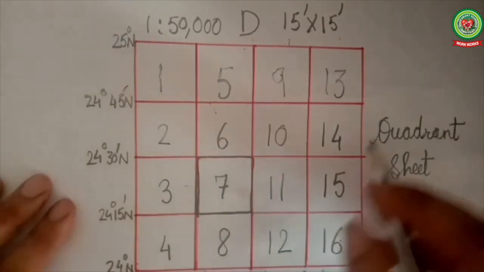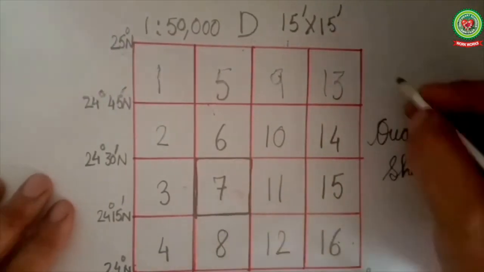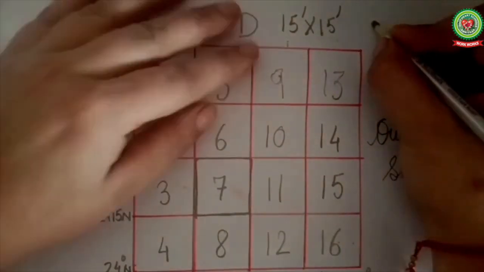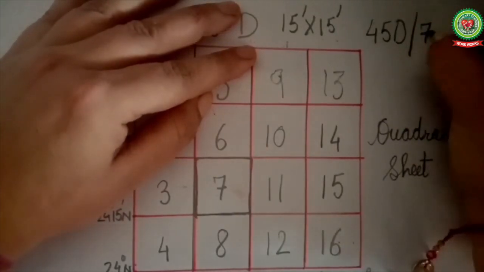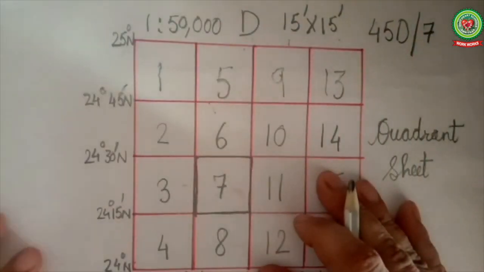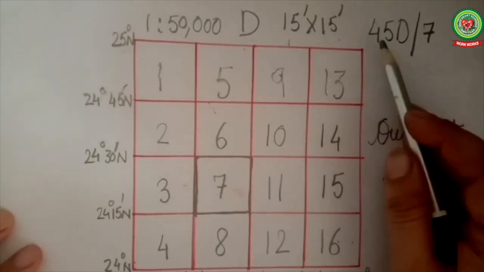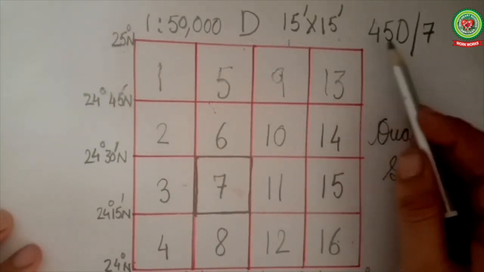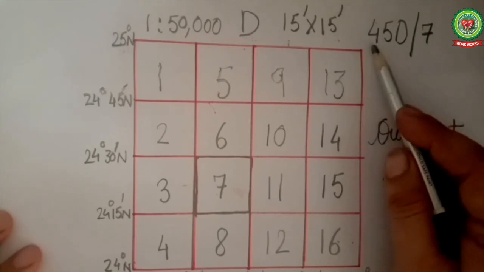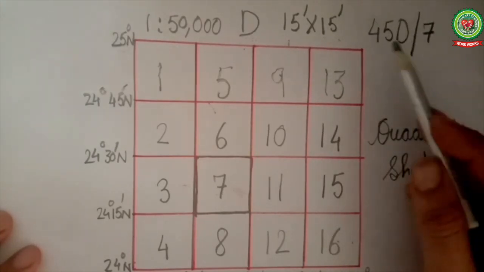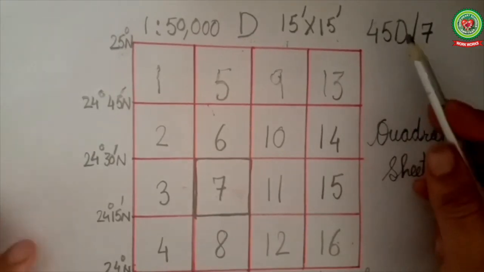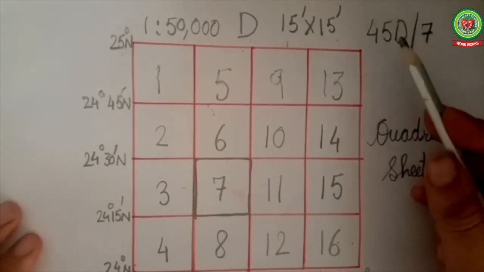So we now get it as 45D7, which is the reduced scale of India, first into state, then a state further into district, and district further into an important place of it.